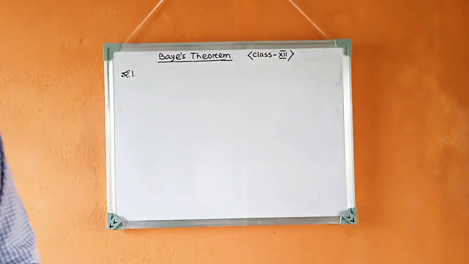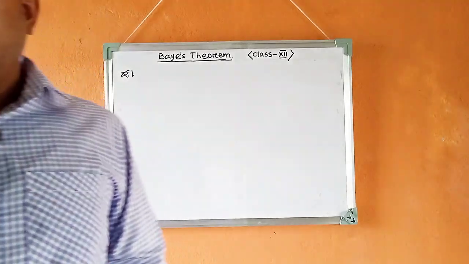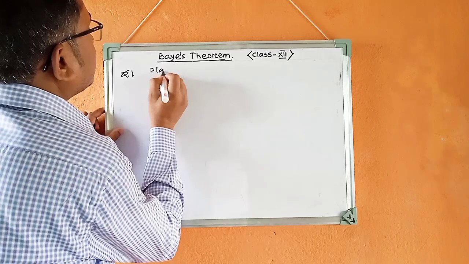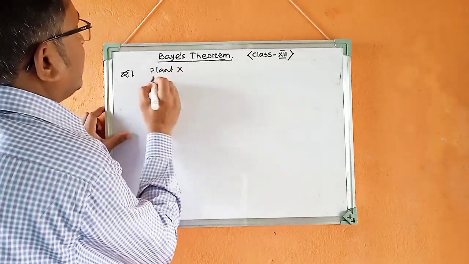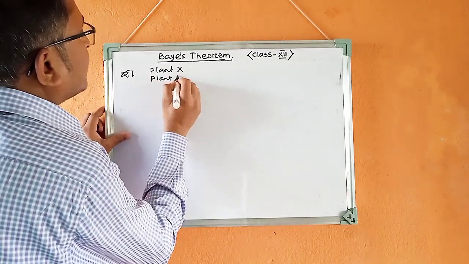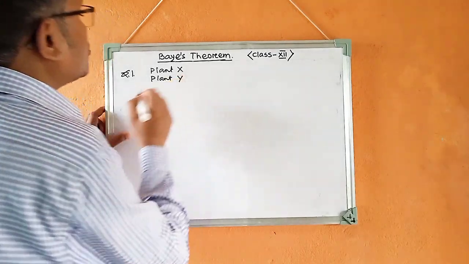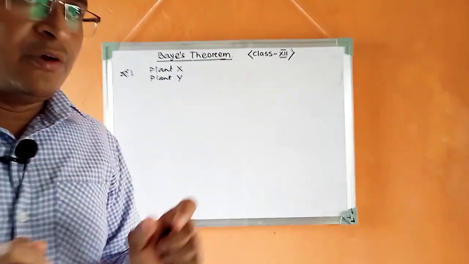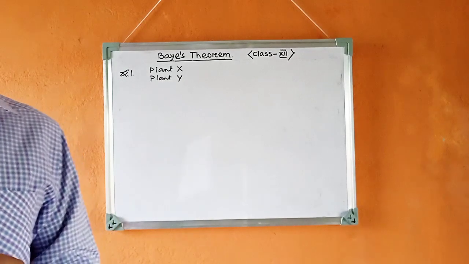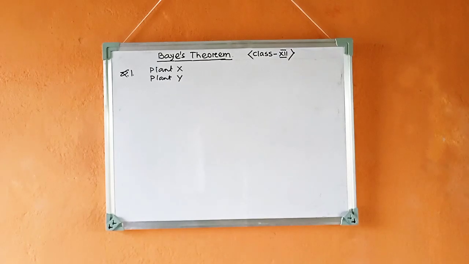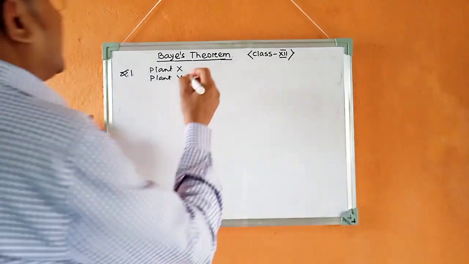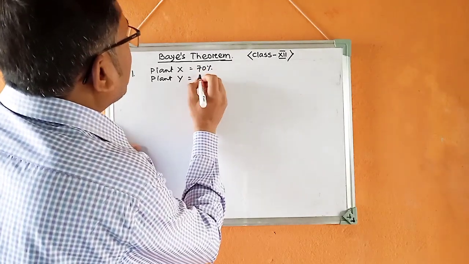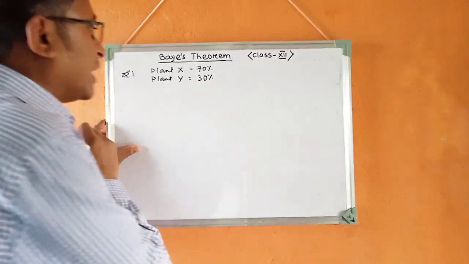A car manufacturing company has two plants, plant X and plant Y. Plant X produces 70% of the total cars and plant Y produces 30% of the total cars.